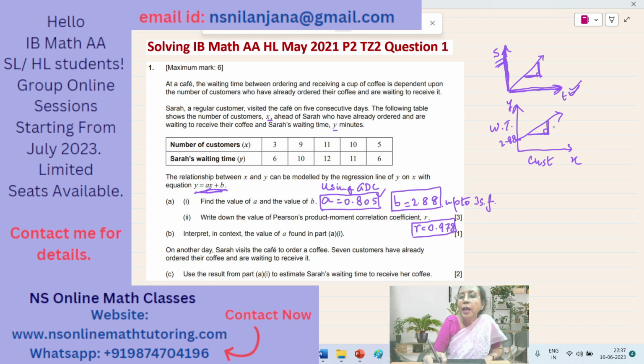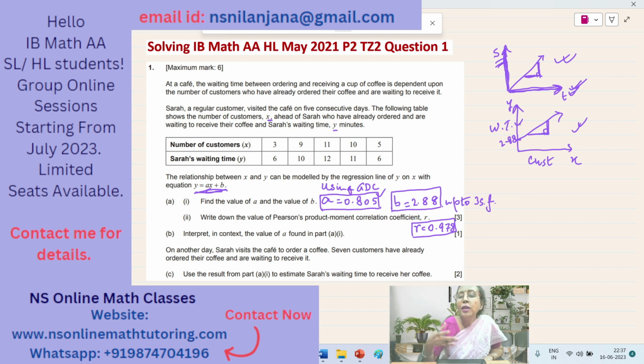So now if we just try to relate these two, this was the rate of change of displacement with time. The rate of change of the y parameter with respect to the x parameter. In this case, it is the rate of change of the waiting time with respect to the number of customers present.